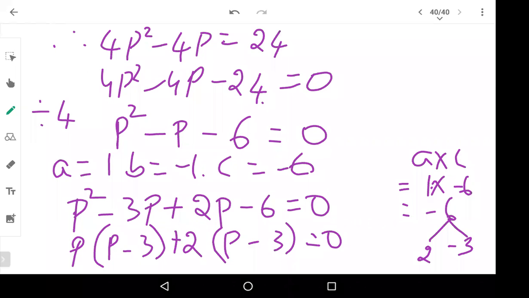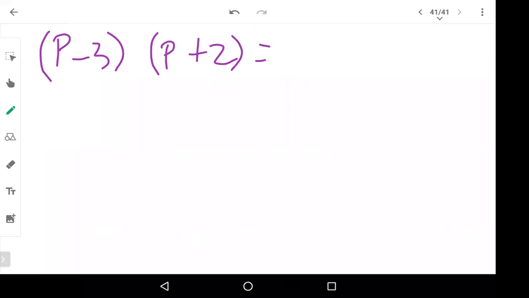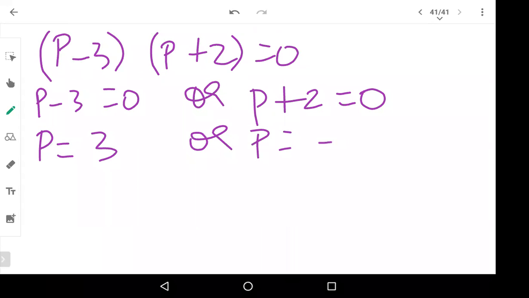So P minus 3 into P plus 2 is equal to 0. P minus 3 is equal to 0 or P plus 2 is equal to 0. P is equal to 3 or P is equal to minus 2.